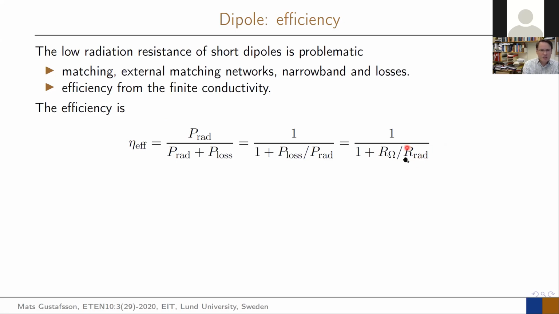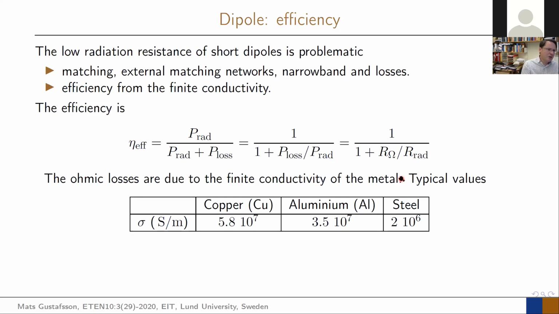And if the radiation resistance is low, as we have here, this might be a larger part of this quotient, which means that the efficiency goes down. So it can be a problematic thing to have a low radiation resistance in these cases. And the ohmic losses come from the finite conductivity of the metals.